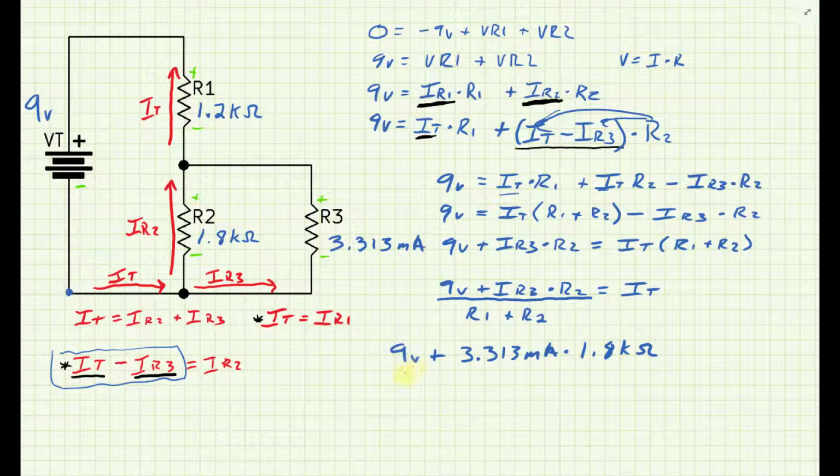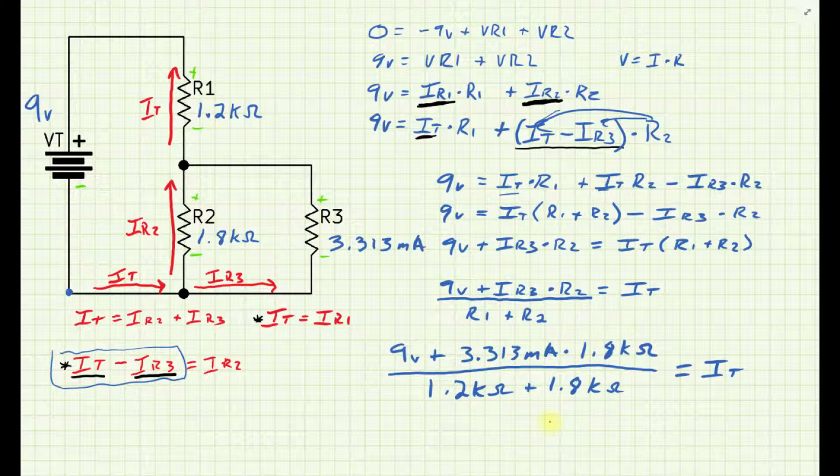Alright, and all that over 1.2 k ohms for R1 plus again 1.8 k ohms, and that will all equal my I total. So once I find I total, I've basically got enough to solve this circuit using Ohm's law and Kirchhoff's laws. Alright, so let's solve this thing.